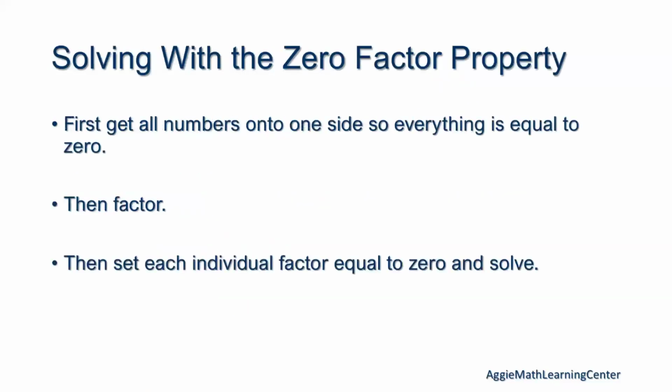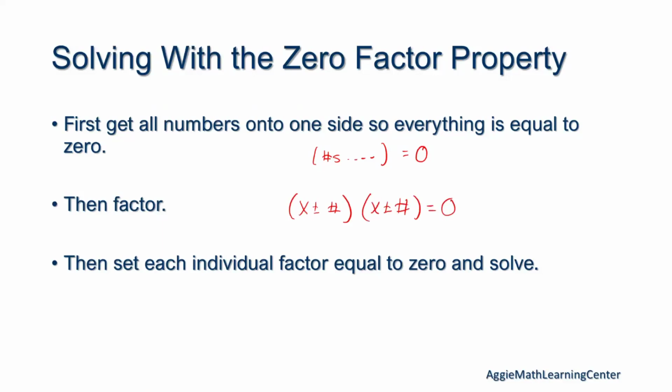So solving with that zero factor property, first we want to get all the numbers onto one side so everything is equal to 0. If you like the left side, move it all to the left side. If you prefer the right side, move it all to the right side. Then we'll factor it. So it'll look something like maybe x plus or minus some number times x plus or minus some other number equals 0.